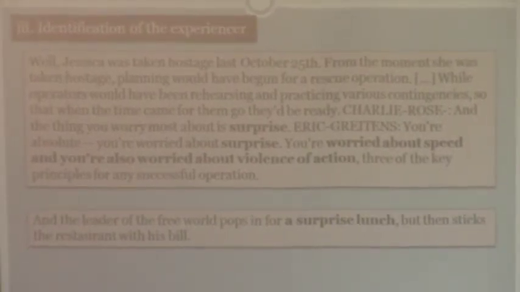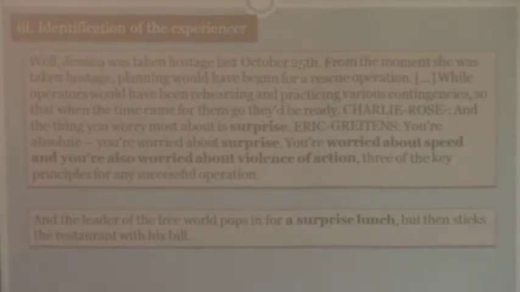For some predicative uses in which no specific experiencer is mentioned, we decided to label the experiencer as a generic one. And surprise is thus generalized to the speaker, the addressee, and any potential audience.